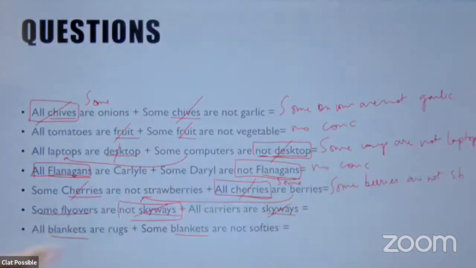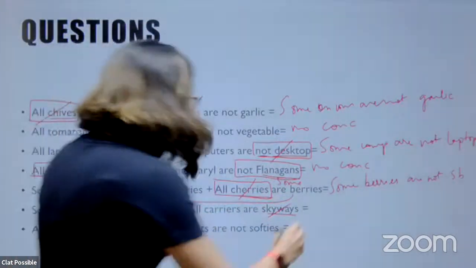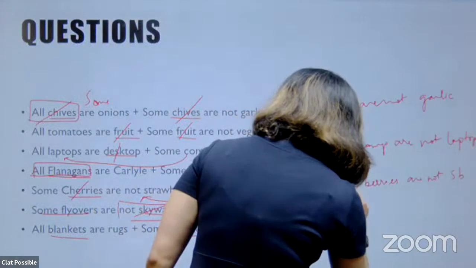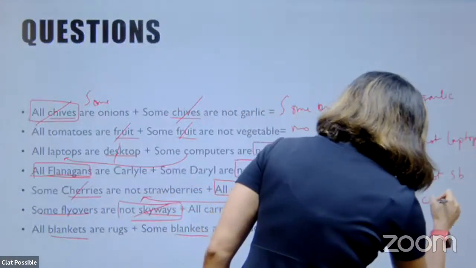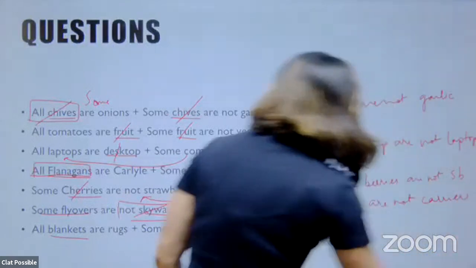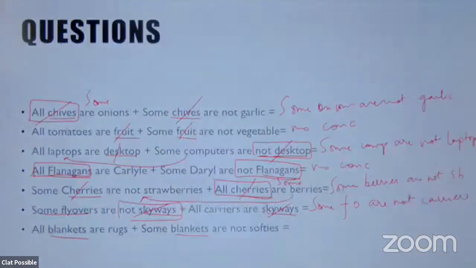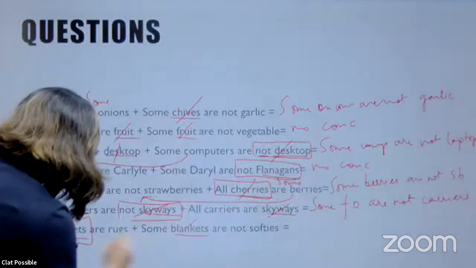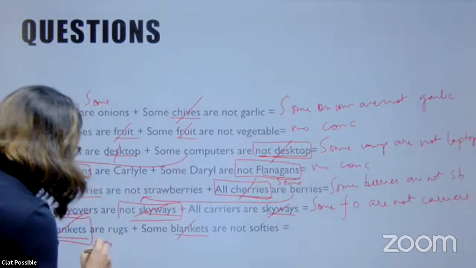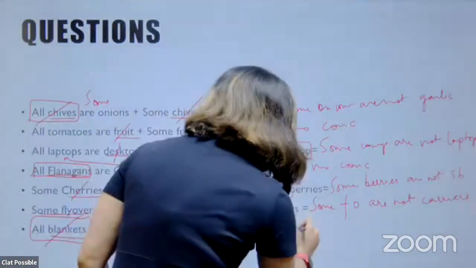My answer will be some flyovers are not carriers. Yes. And what about here? The middle term is written with all. I'm going to write some here. Some rugs are not softies.